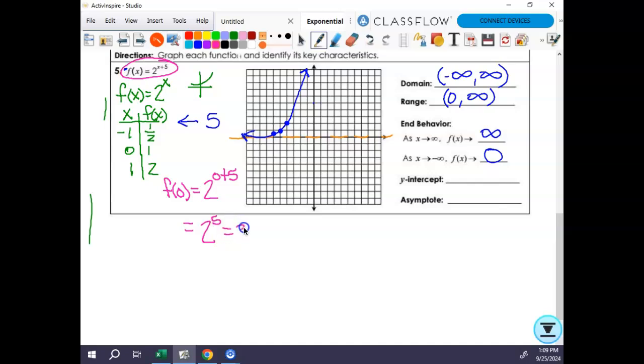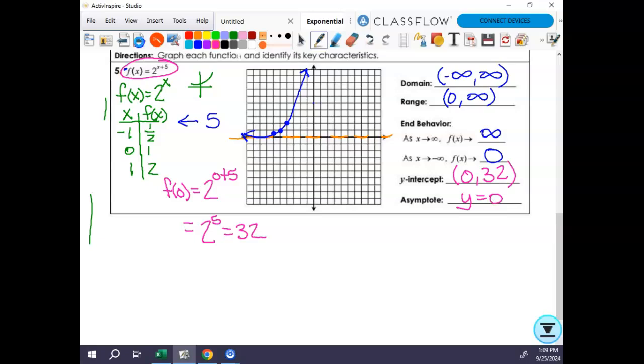So my y-intercept is at 0, 32, and that's why I don't see it on my graph. And again, just because we moved left, our asymptote didn't change, and we get y equals 0. Okay, easy enough? We're not doing any crazy transformations here, for sure.